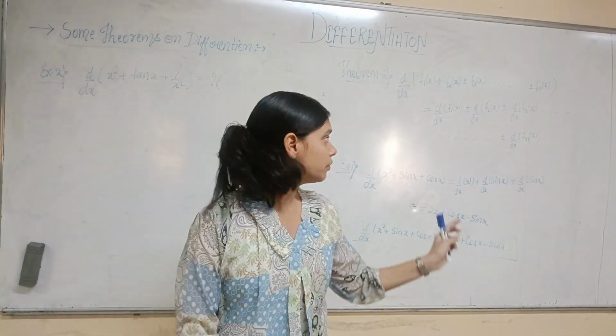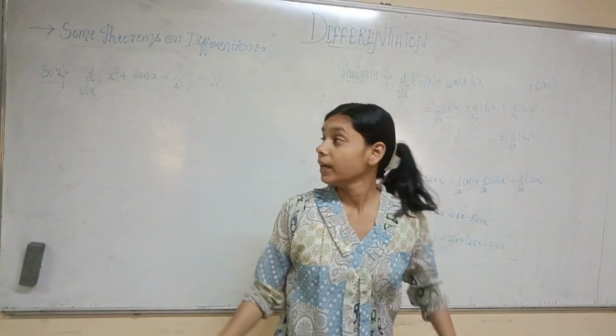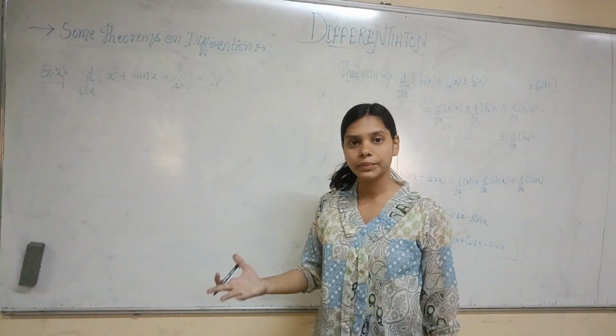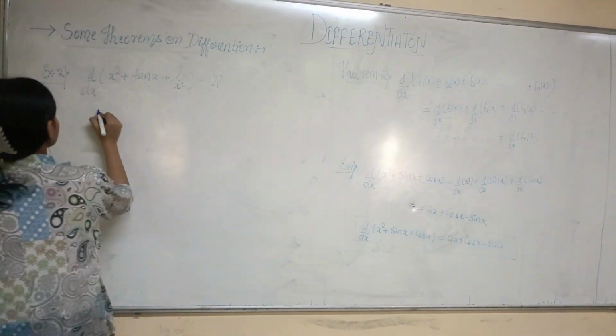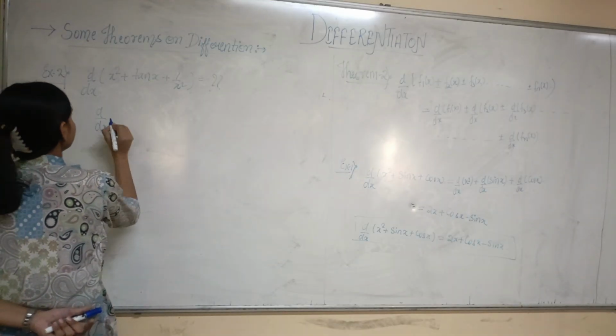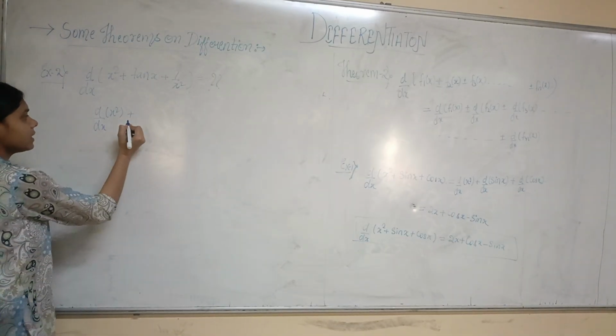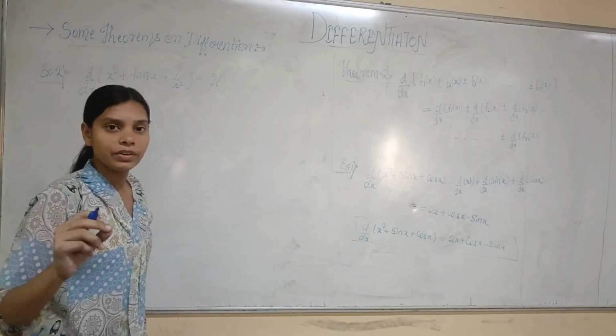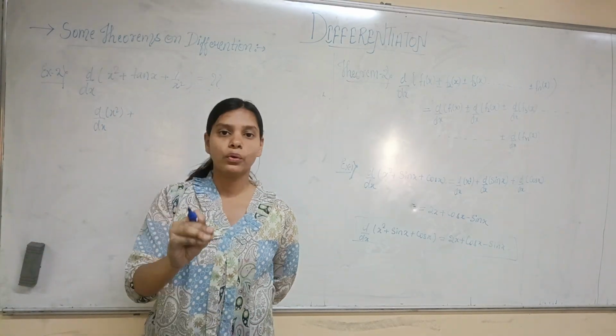So if we apply this theorem in this formula, then what can we write? d/dx of x² plus d/dx of tan x plus d/dx of 1/x². Each and every student, try this problem in your notebook.